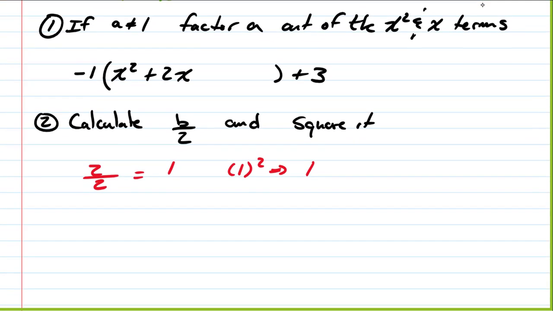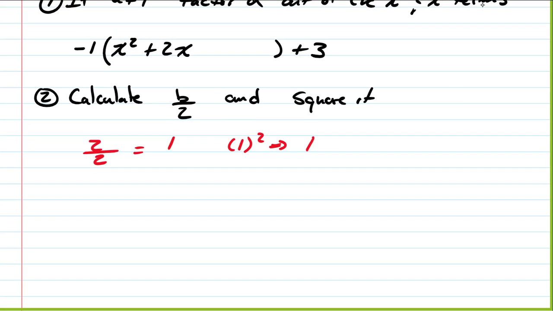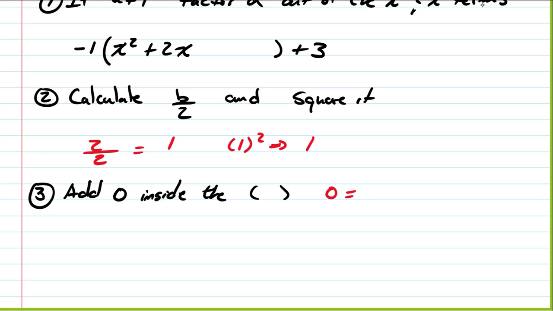And then our next step, step 3, is we're going to add 0 inside the parentheses. And in this case, we're going to add 0 in a very strategic way. We're going to add 1 and subtract 1, where we're using the value b over 2. So this is always going to be b over 2 squared minus b over 2 squared.